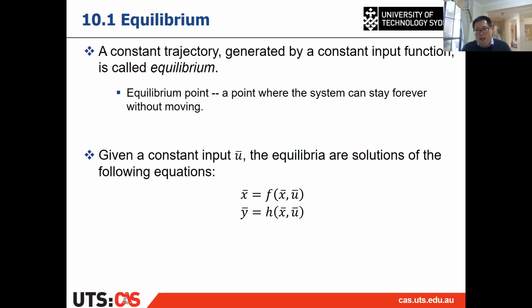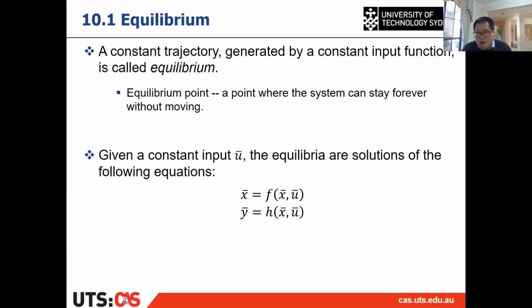And in the nonlinear case, because it is so complicated to analyze the properties of the control system, we introduced the equilibrium point. The equilibrium point is that at that point, the state will not change forever.